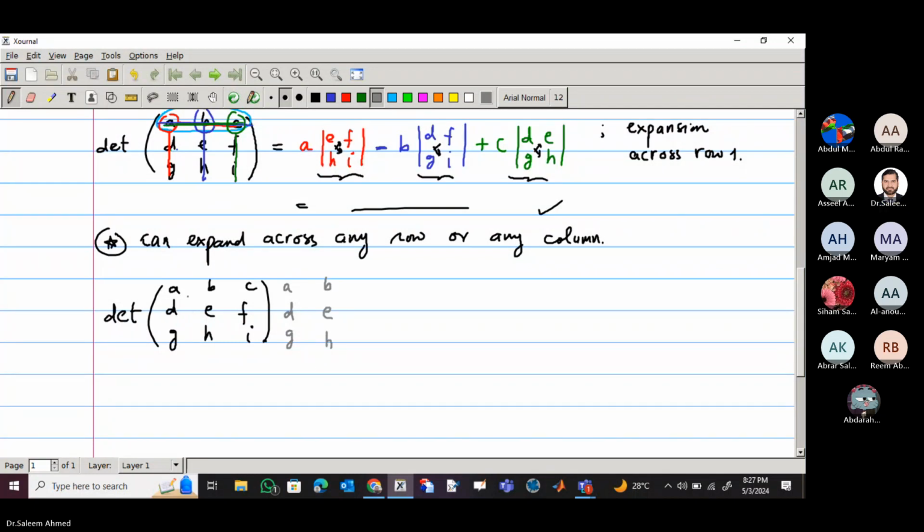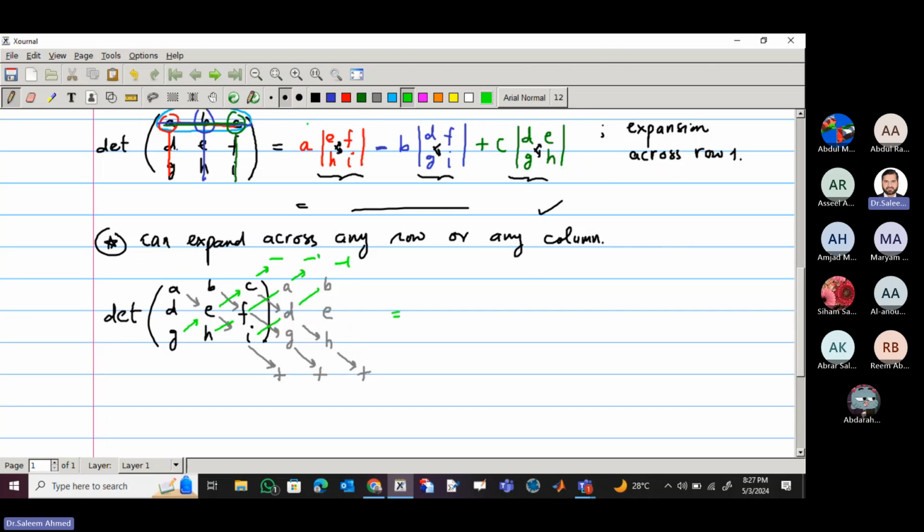And now multiply the first diagonal with plus, second diagonal, again multiply with plus, write third diagonal with plus. Okay, and then the opposite diagonals, write them with minus sign. See, these are diagonals with minus sign. This is a third diagonal with minus sign.